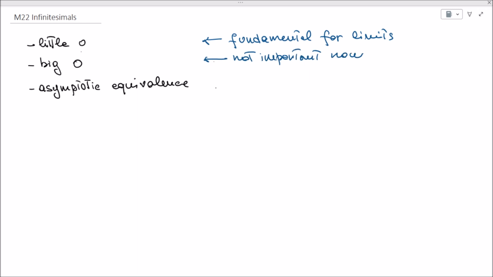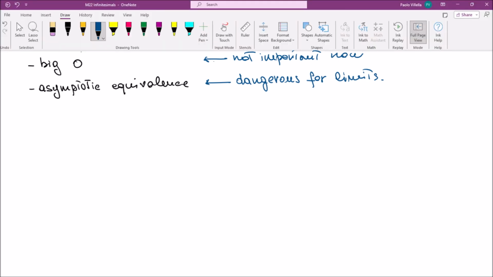And the asymptotic equivalence is a related concept which, however, can become dangerous for limits. We will understand more about this later. But let me give the first definition.